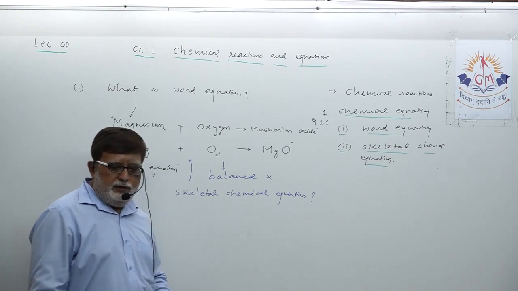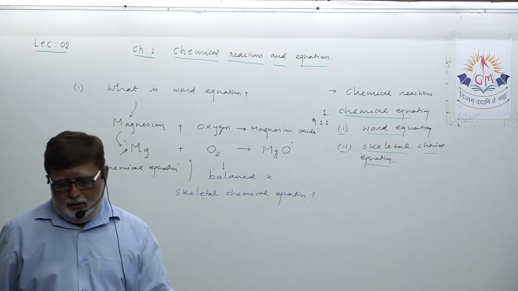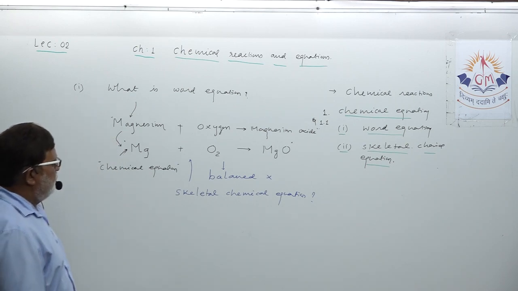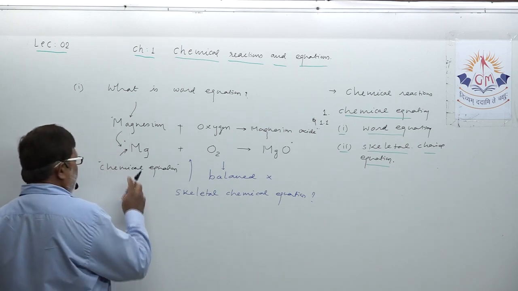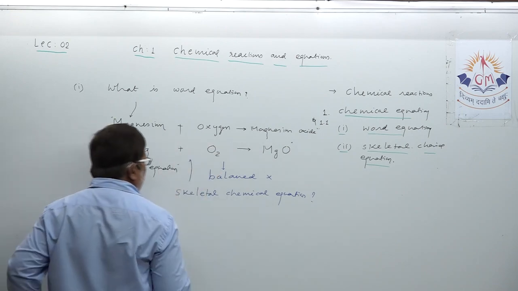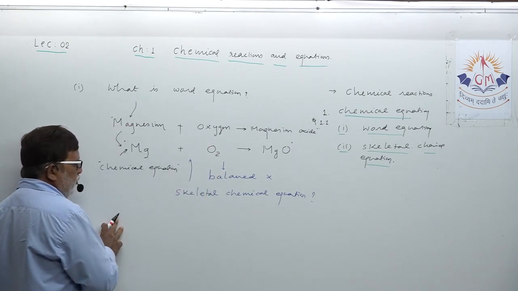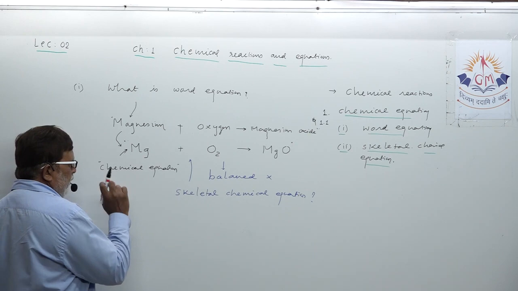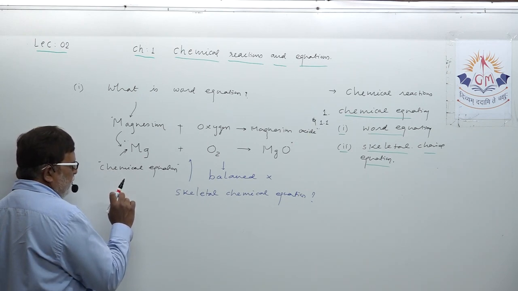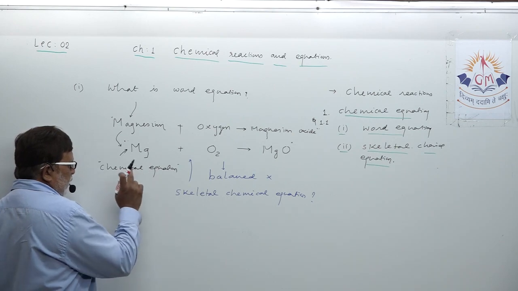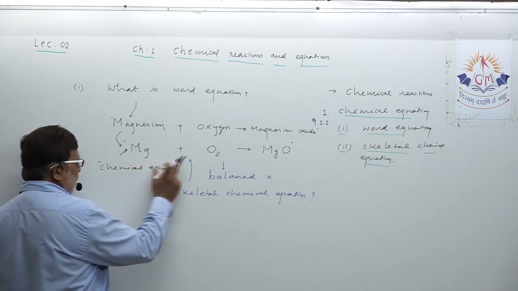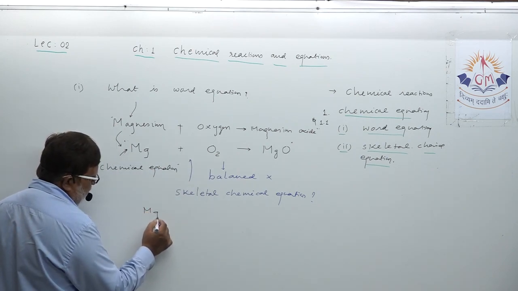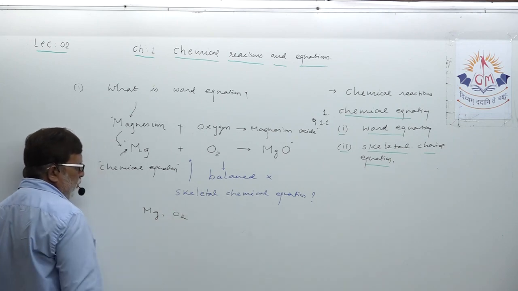Now question 2 in that, dear student. What is a chemical equation, and write all features. Try to understand. Suppose you target the same chemical equation, Mg plus O2 gives MgO. Can you say one thing, dear student? In this chemical equation, you are seeing two chemical substances on the left side, that is one magnesium and one oxygen.